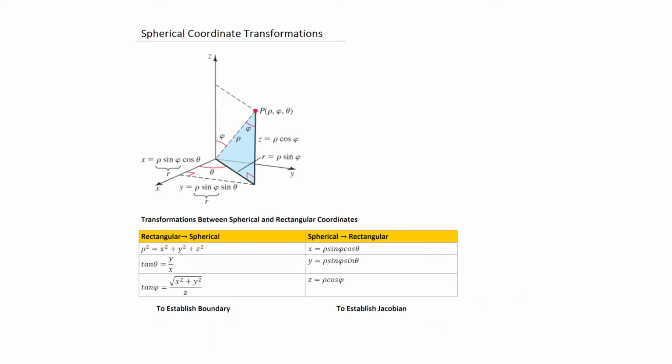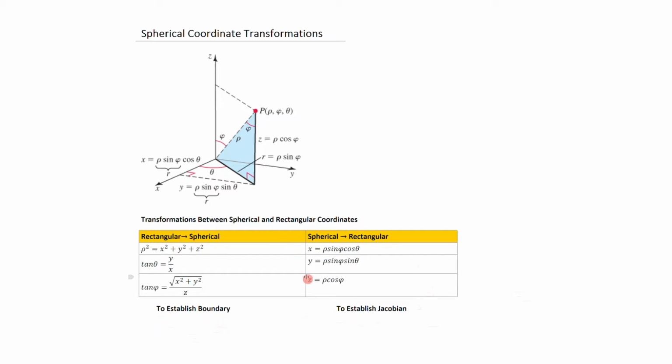On the other hand, if we want to understand what the boundary is, then we need to have rectangular variables on one side and all of the variables associated with spherical coordinates on the other side, and on this side, all the variables associated with the Cartesian coordinates. So we need this type of formulation to establish the boundary values in the new coordinate system.